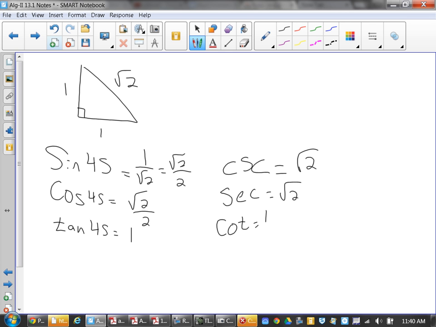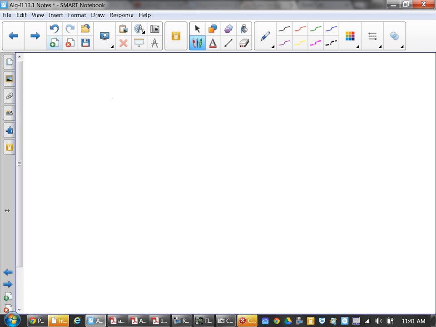Not so bad. These are very easy to work with. Even if it's something that you don't remember, it's easy to fill this out and write it out real fast, just by looking at your triangle. Eventually you're going to do this over intervals.